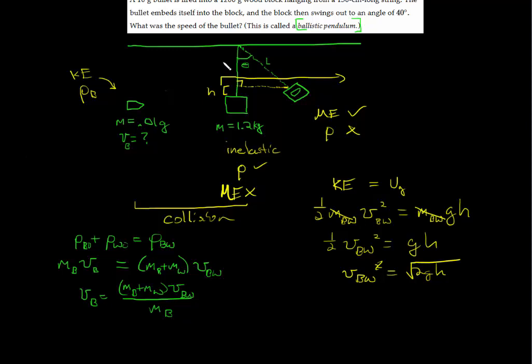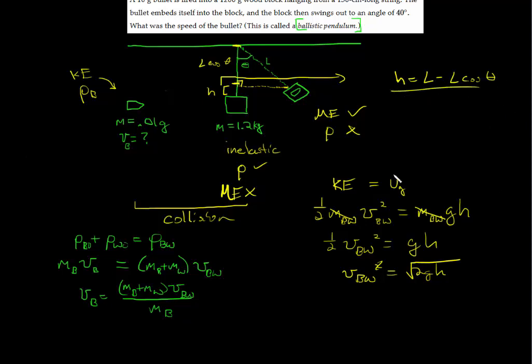To get that, L cosine theta would be the distance from here to here. But I want the missing piece. The total length here is L, so my total height, H, would be equal to the length minus L cosine theta. That would be my height.